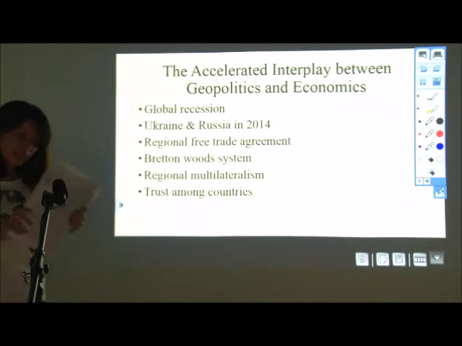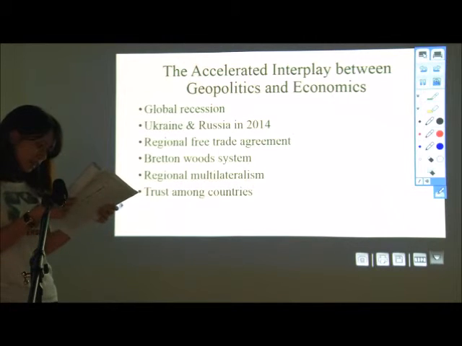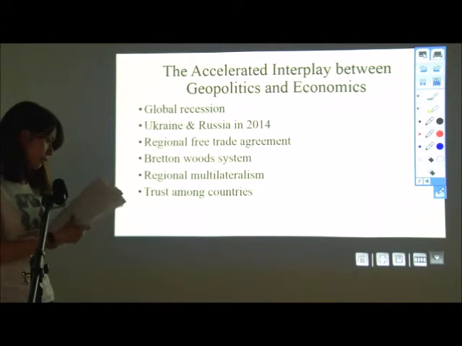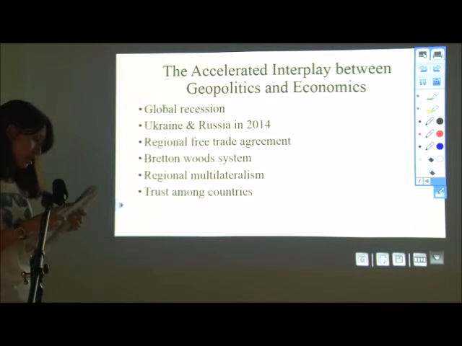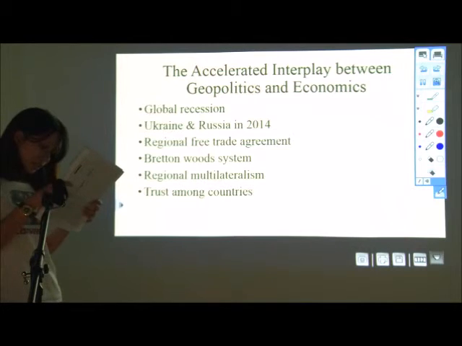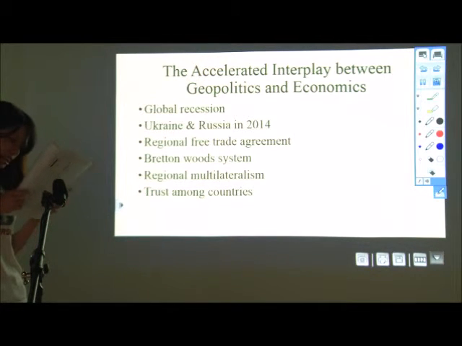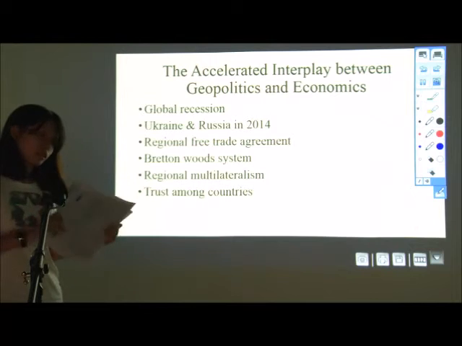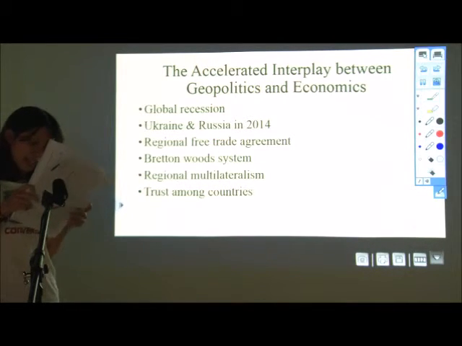Like in table 2.1, we can see that the Regional Comprehensive Economic Partnership is promoted by the Association of Southeast Asian Nations, and TPP is promoted by the US. And the Free Trade Area of the Asia-Pacific is promoted by China.